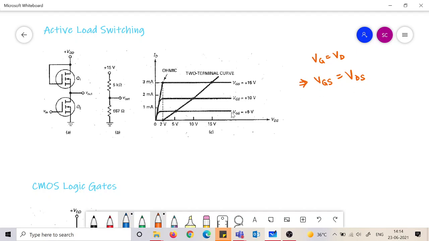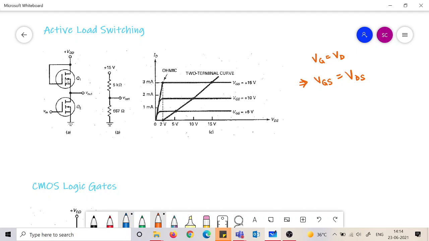Now you have all these different VGS values and VDS values set here. So what you have to do for this Q1, for a particular VGS value, say +5, is find the VDS point which is also 5 volt.